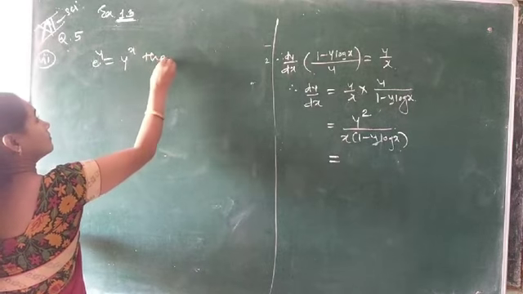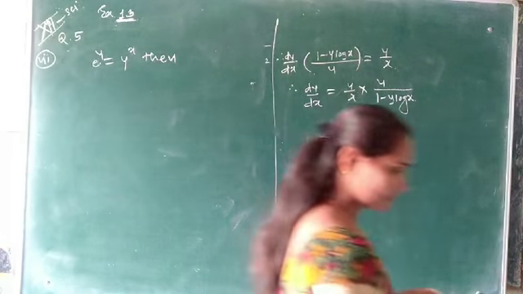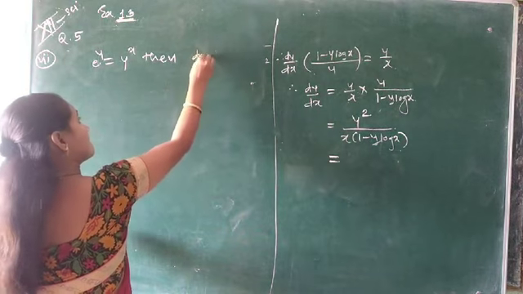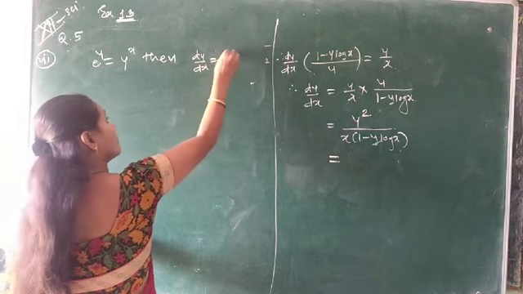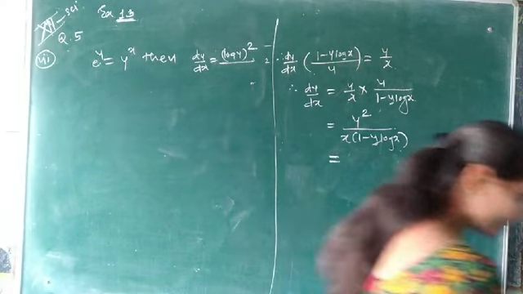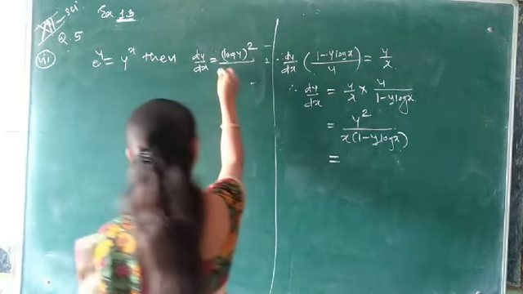Then dy upon dx is equal to log y square divided by log y minus 1.